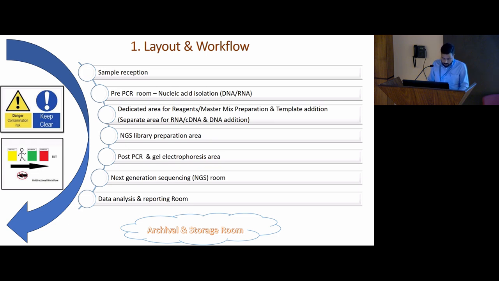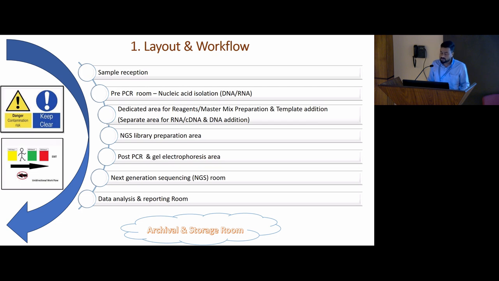Start from sample reception, where you can receive the samples for next generation sequencing. You can use the laboratory ID for the patients, and you can enter this data in your database with the help of LIMS, the laboratory information management system. The next area is the pre-PCR room, which is especially made for nucleic acid isolation of DNA and RNA.